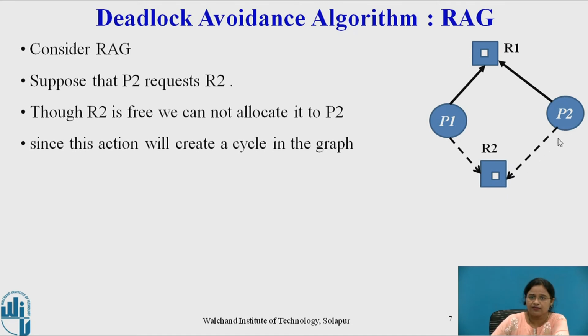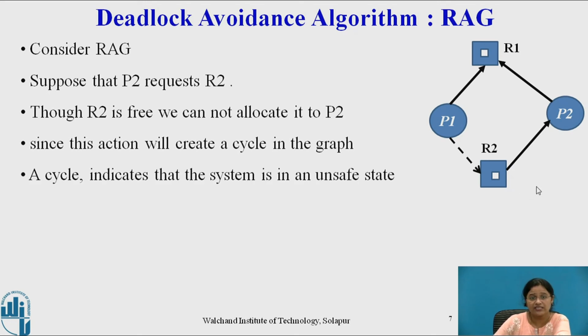Whenever P2 requests R2, the claim edge will be converted so that R2 is allocated to P2. Though R2 is free, if we allocate it to P2, then it will form a cycle in this resource allocation graph. So, this cycle indicates that the system is in an unsafe state.